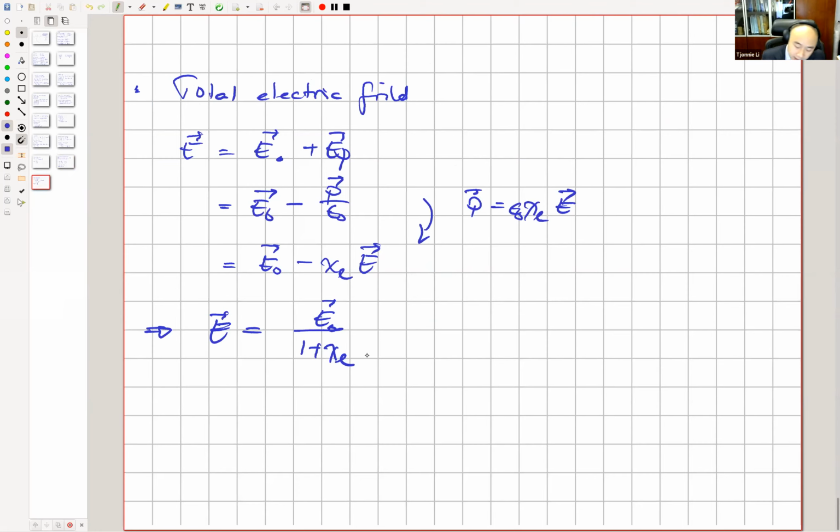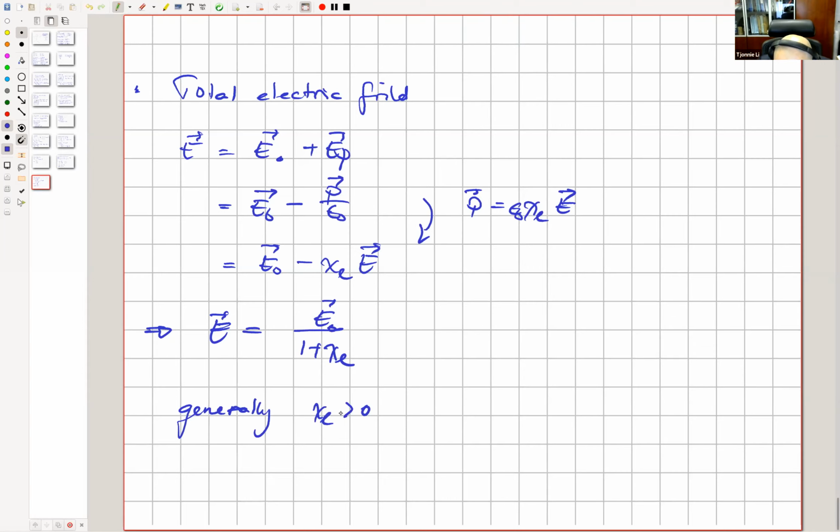Now, generally, for dielectric materials, chi E is bigger than 0, because the polarization tends to be in the same direction as the electric field. And we saw that before with the dipole separation of a molecule.